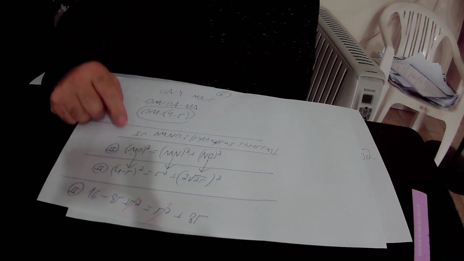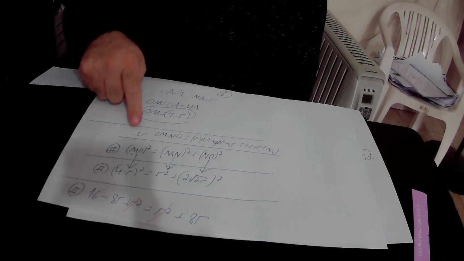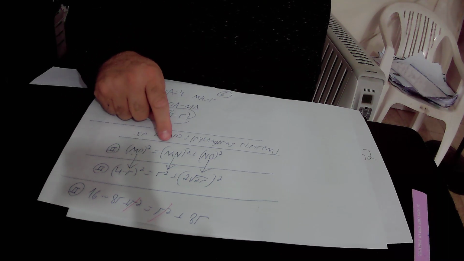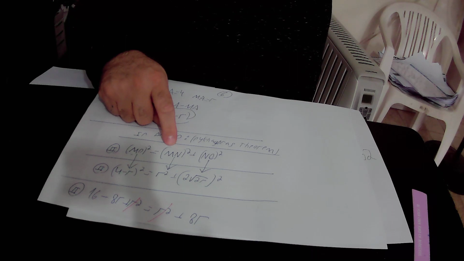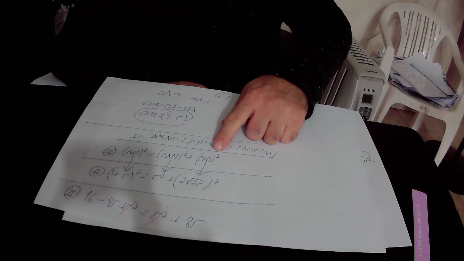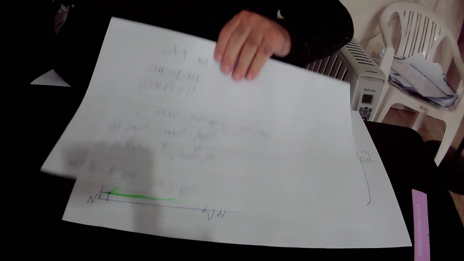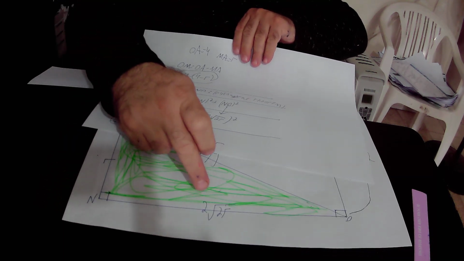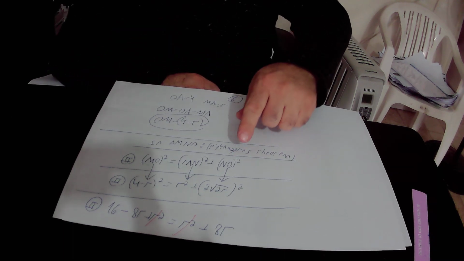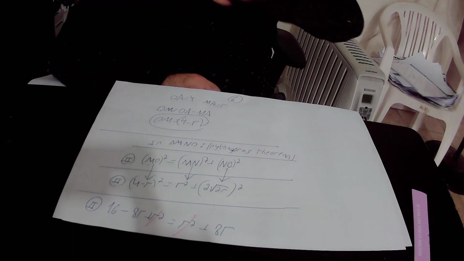We know that MO equals 4 minus R, so MO square will be equal to 4 minus R square. That equals NM square. NM equals R, so NM square equals R square plus NO square. We know that NO equals 2 times square root of 2R. So the NO square will be equal to 2 times square root of 2R square.